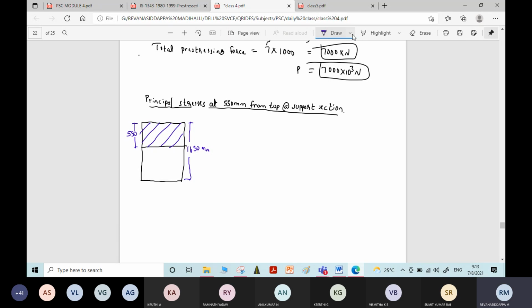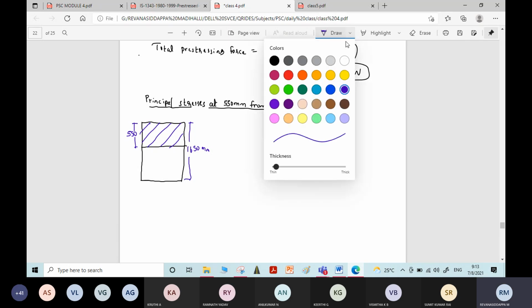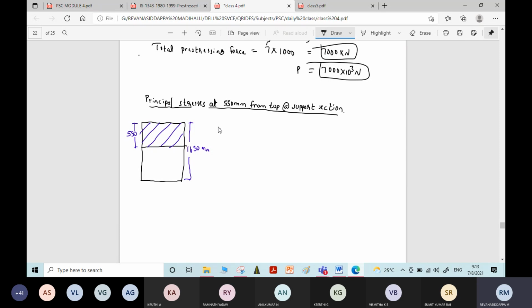Now write the formula of principal stresses. We know that principal stresses, sigma max or sigma min, is equal to (fx plus fy) divided by 2 plus or minus half of the root of (fx minus fy) whole square plus 4 tau v square.